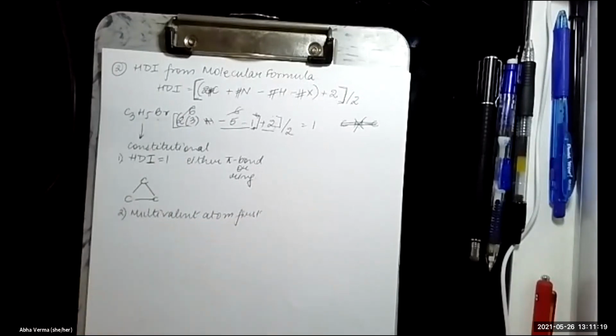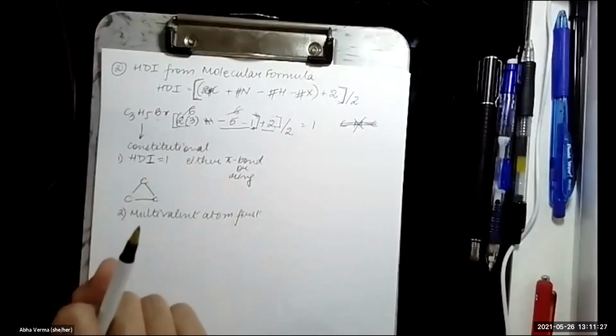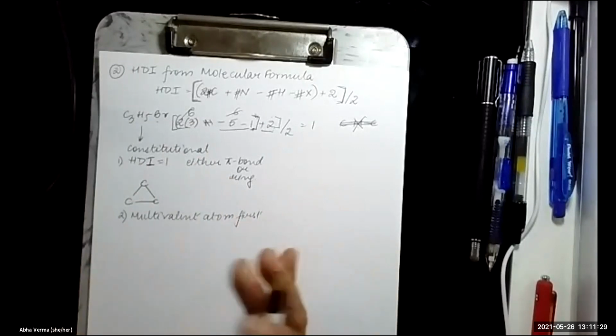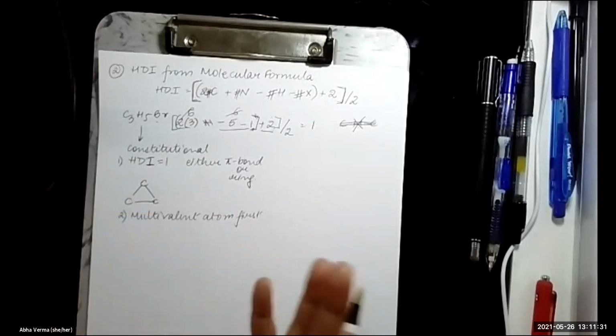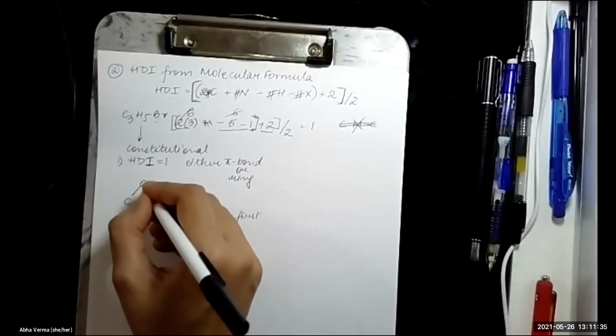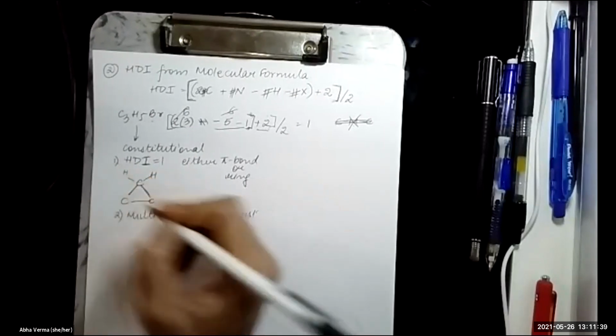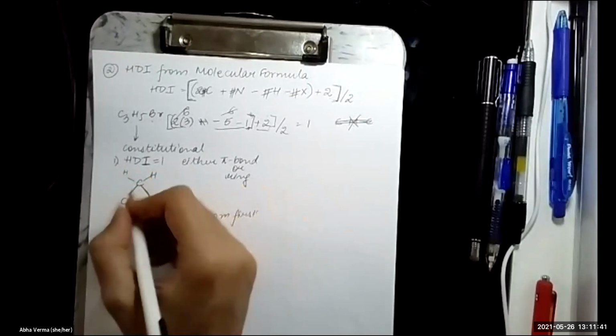Do you all understand what a multivalent and a univalent atom is? Multivalent is when you have multiple bonds that can form. For example, carbon can form 4 bonds. Any atom which can form more than 1 bond is a multivalent atom. So to this carbon, how many bonds are already attached? 1 and a 2. So I'm going to put 2 more hydrogens here.